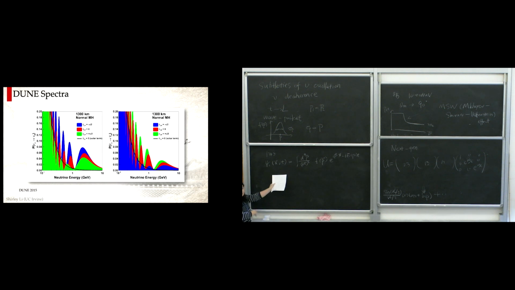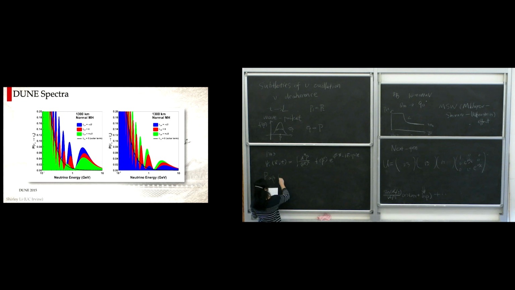Then this wave packet would propagate, and that's straightforward to write down. You just have to be a little more careful. It's the same derivation as the oscillation probability we did before, but now you want to integrate over the momentum distribution. Using this, you can compute the oscillation probability.